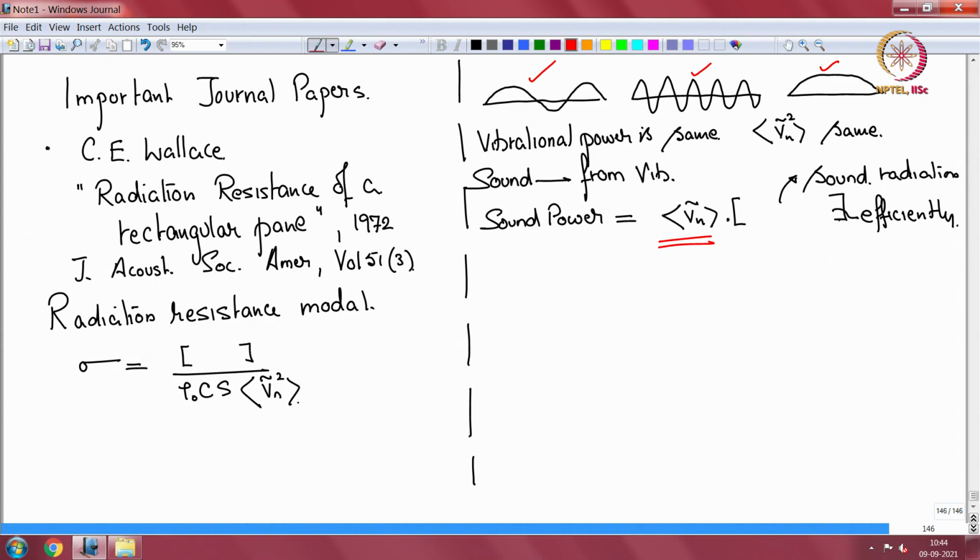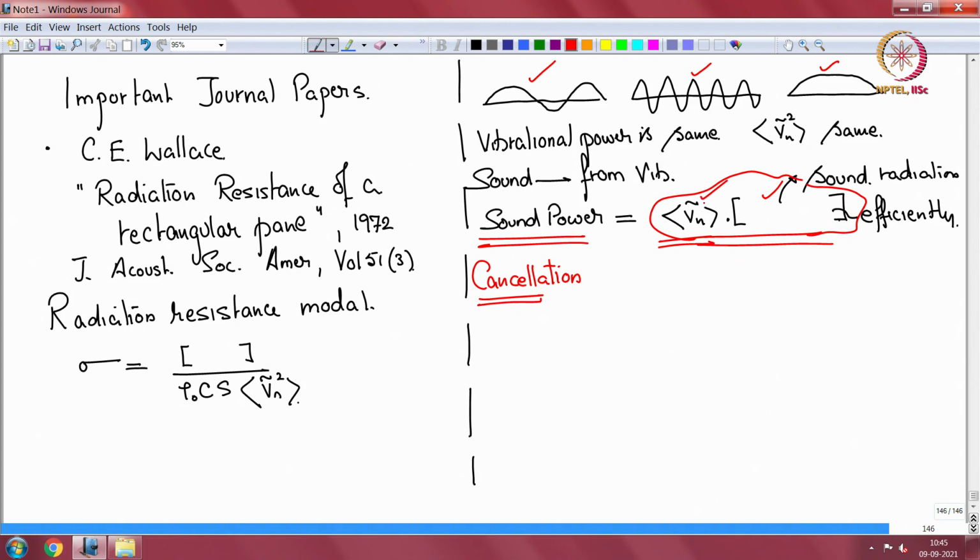Okay. And what is the efficiency effect? It's cancellation. Right now, how are we saying one radiator is more effective, one is less effective? It's because of cancellations occurring on that. So if sound power is known, that means this term is known as a composite, not as these individual terms. We know the sound radiation.